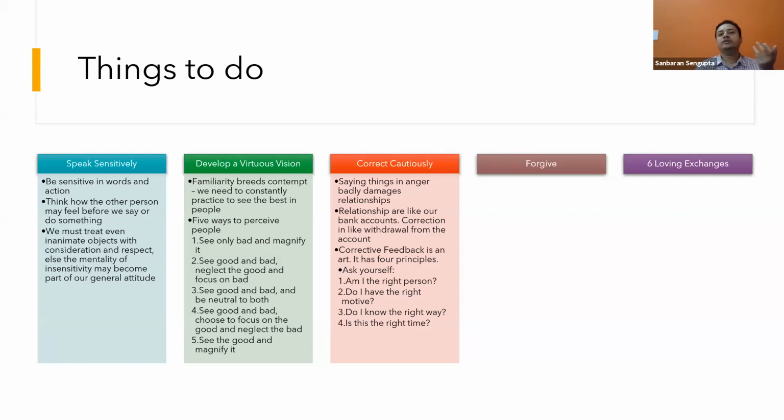Let's just accept it. People don't always open up to corrections. We may plan for corrective criticism, constructive feedback, as we say in corporate world, but generally people have a lot of aversion. So it is important that we see our relationships as bank accounts.